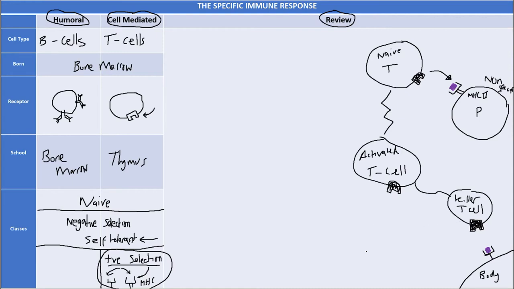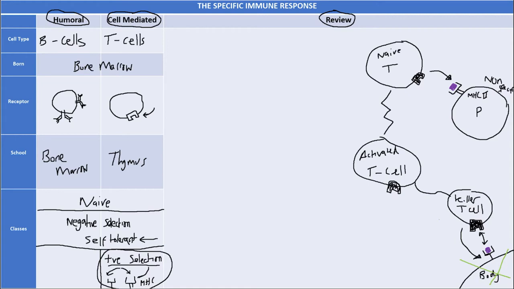And the killer T cells roam around the area, and if they find an MHC1 complex with the matching antigen, with the matching bit of pathogen, then I'm afraid it's time up for this body cell, because it commits suicide. And that's just amazing.